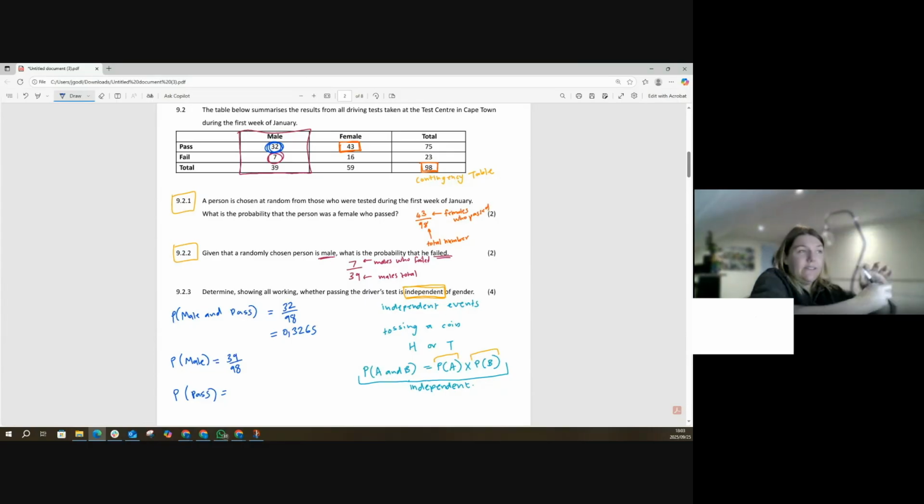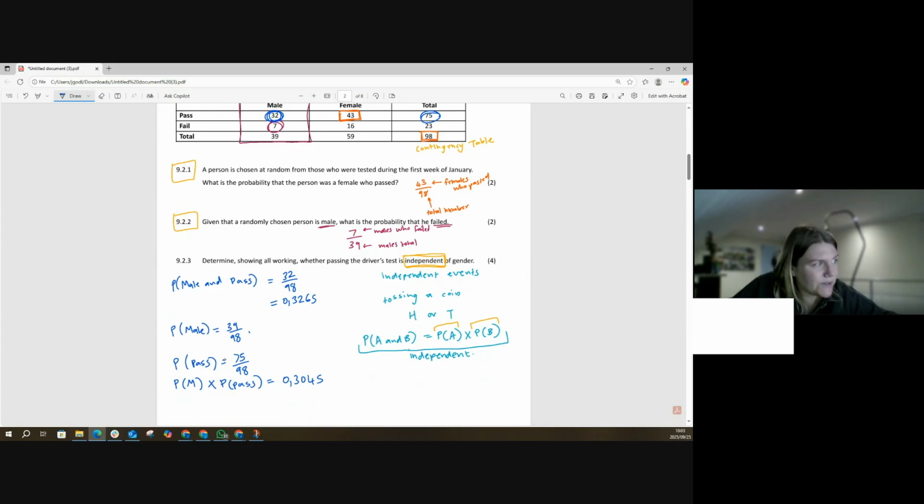Good, 75 out of 98, because of these people over here. So now we're going to multiply those together. So we're going to see what the probability of being a male times the probability of passing is. And we should get a number that's like 0.3045.